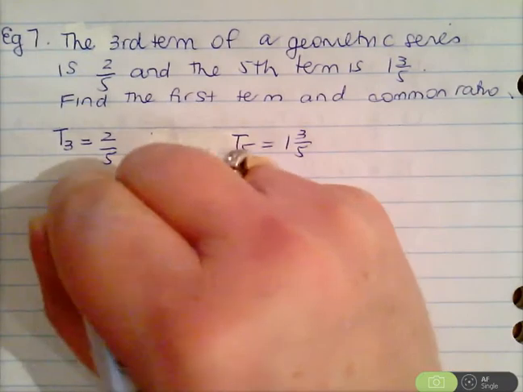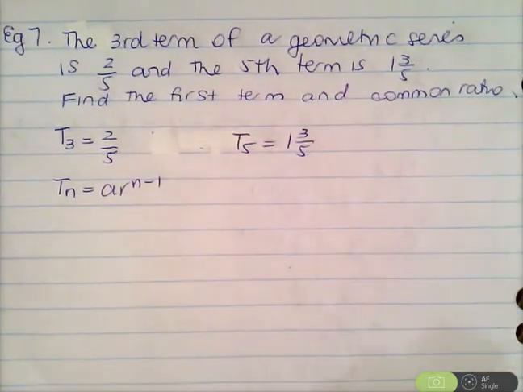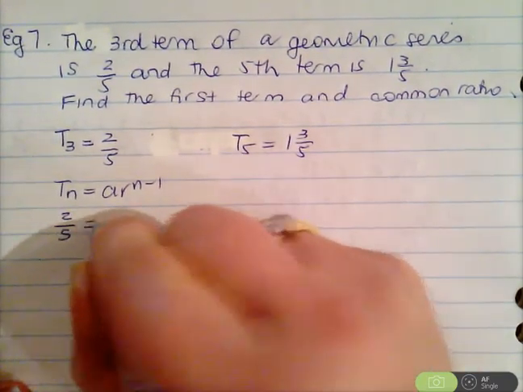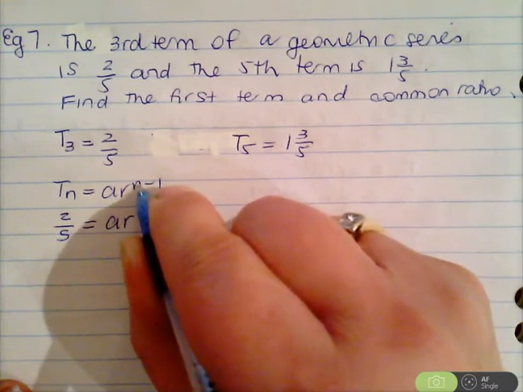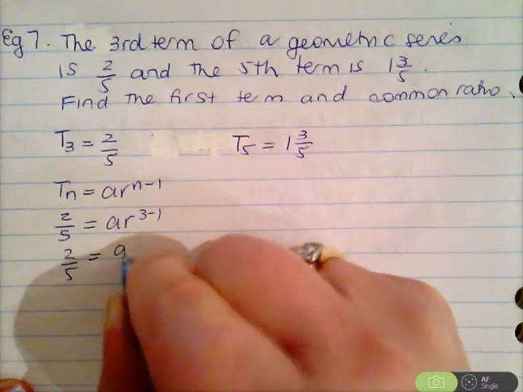And we know that Tn equals ar to the n minus 1. So therefore, if T3 is 2/5, then n is 3, so 2/5 equals ar squared.